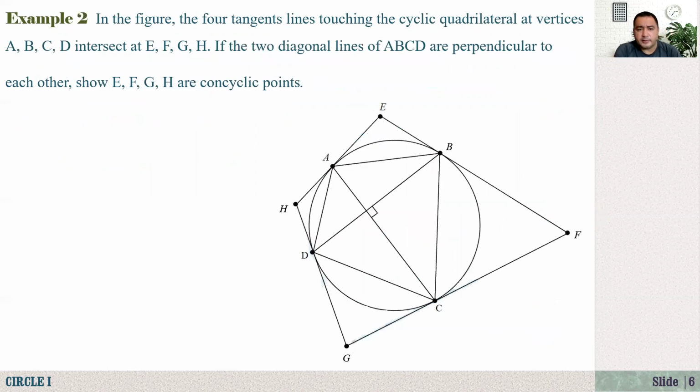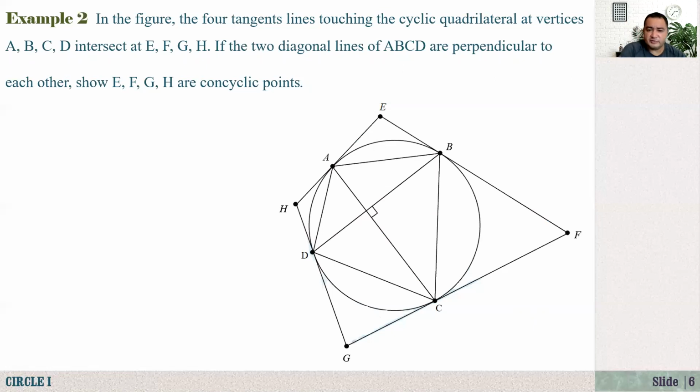Another example, in the figure, the 4 tangent lines touching the cyclic quadrilateral. It's given that it's a cyclic quadrilateral with vertices A, B, C, D, and the tangents intersect at E, F, G, H. If the two diagonal lines AC, BD are perpendicular to each other, show that E, F, G, H are concyclic points.